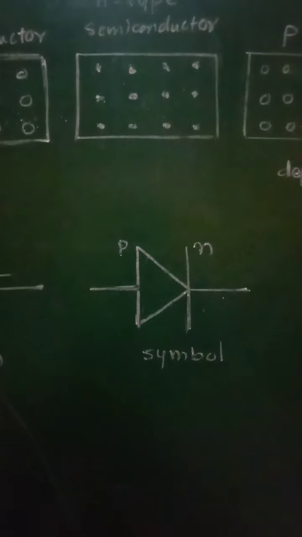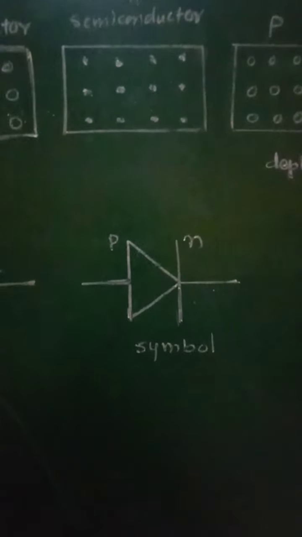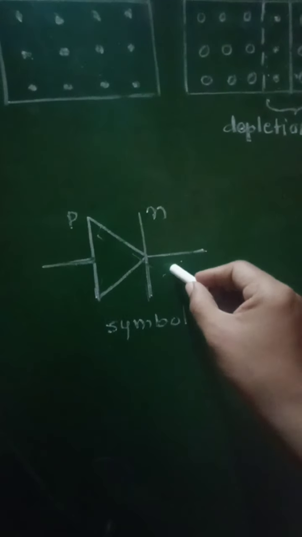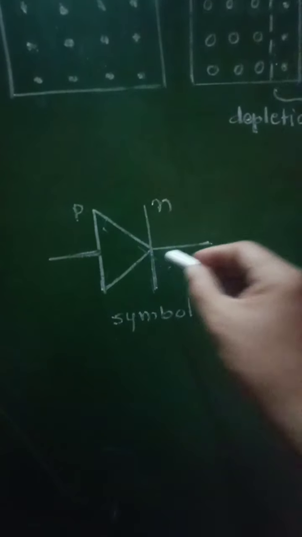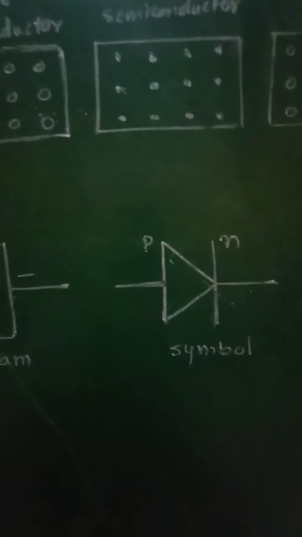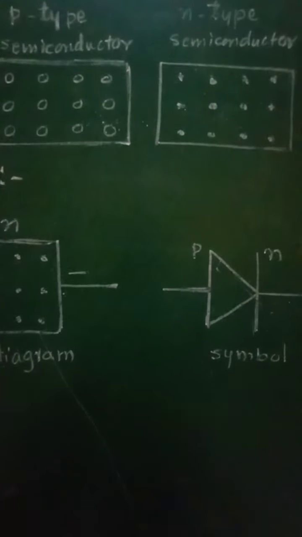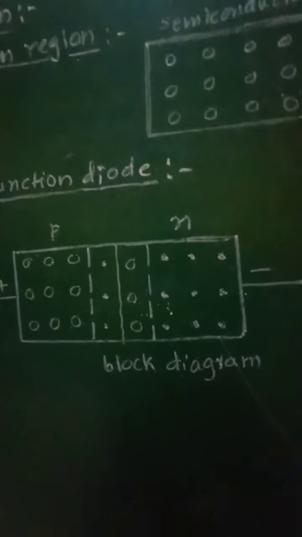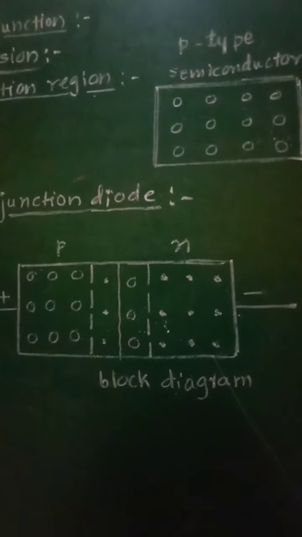The arrow indicates the direction of the conventional current, that is, current will flow from P region to N region. Then P side is called the anode and N side is called the cathode.